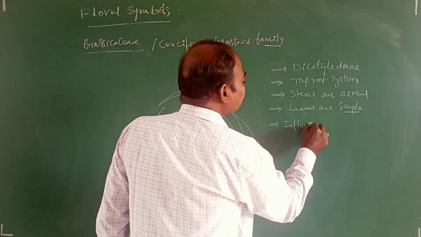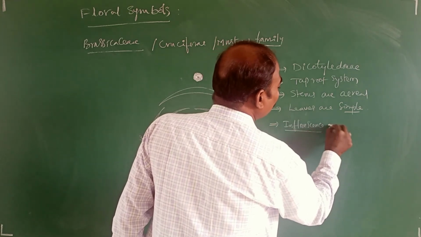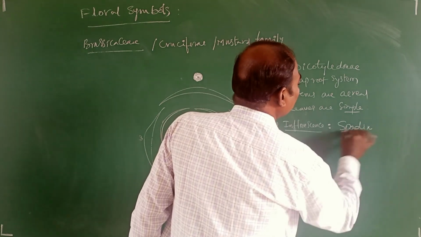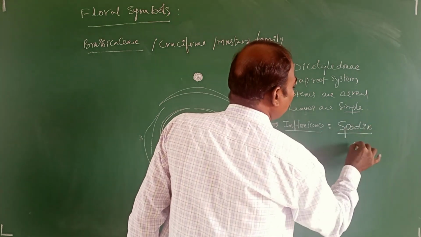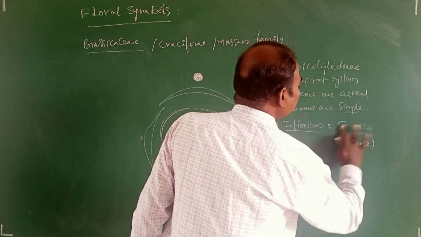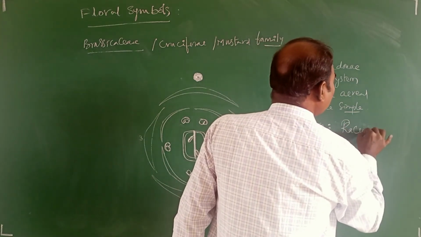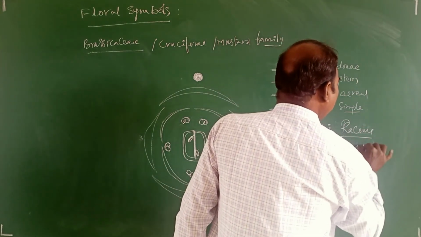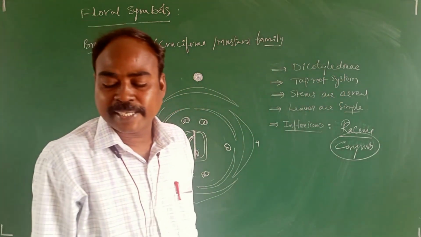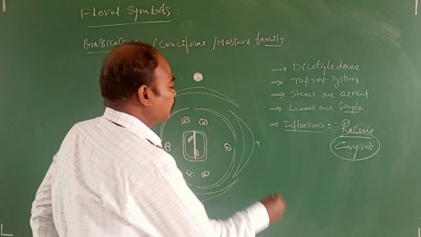Inflorescence is raceme. In raceme, the corymb type of inflorescence is also seen.